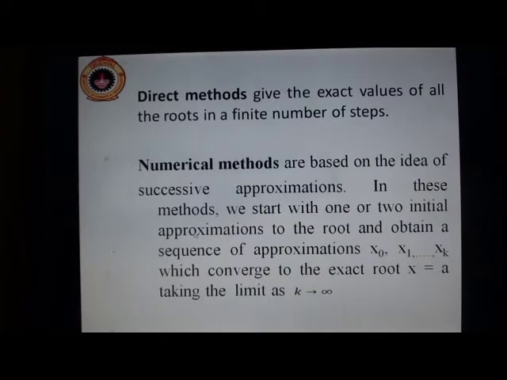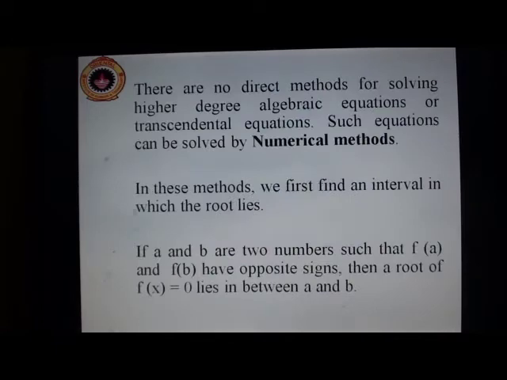In these methods, we start with one or two initial approximations to the root and obtain a sequence of approximations x0, x1, ..., xk, which converges to the exact root x = a, taking the limit as k tends to infinity.